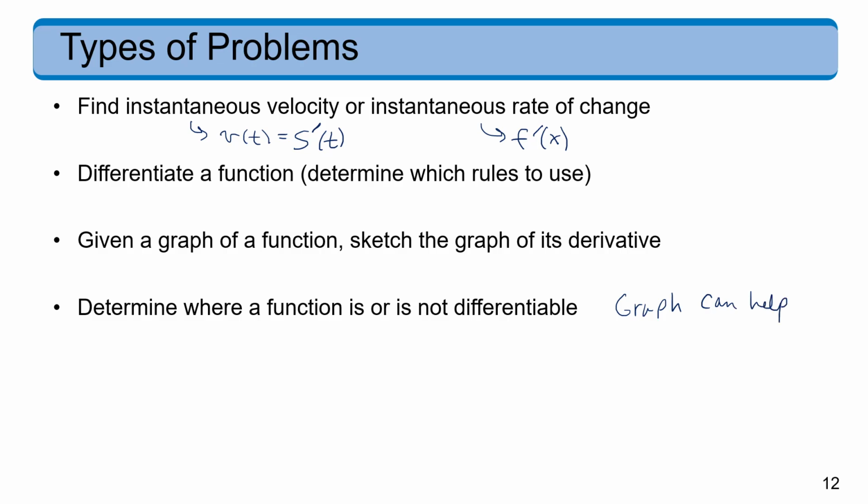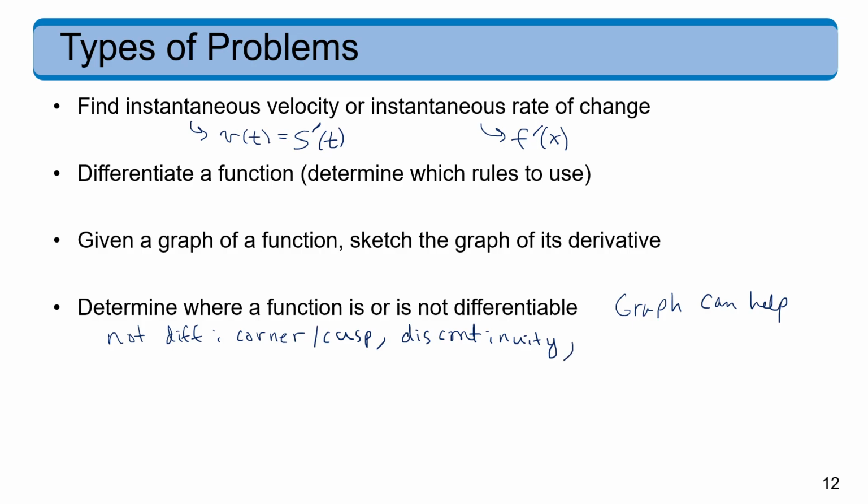And there were 3 situations that you could see on a graph that would tell you there'd be a point where it's not differentiable. So one of those is, it's not differentiable if you have a corner or a cusp, or if there's a discontinuity, so either a hole or a jump, or a vertical asymptote, that kind of thing.